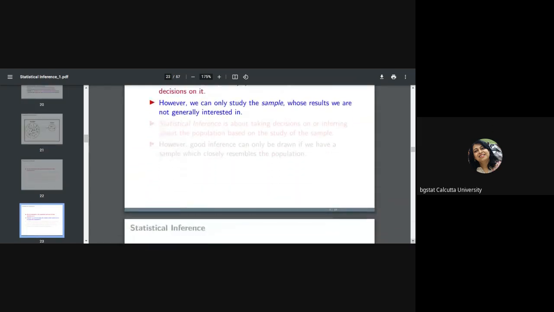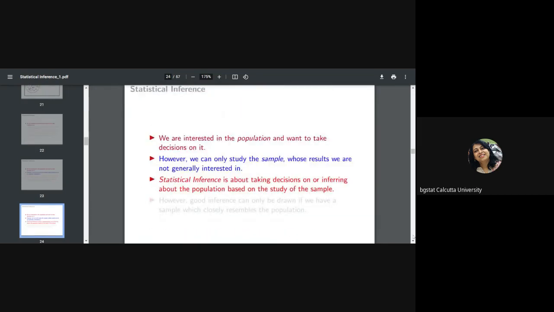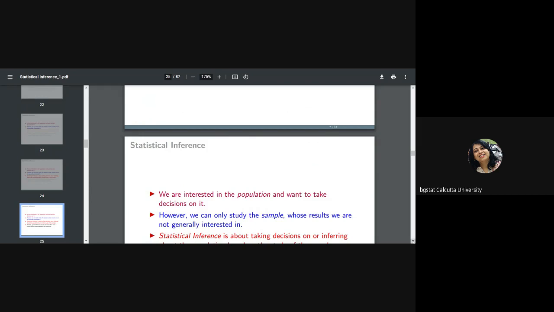We cannot do this because we don't observe the population. So I defined statistical inference in the last class. Statistical inference is concerned with making a decision or an inference about the population based on the sample.